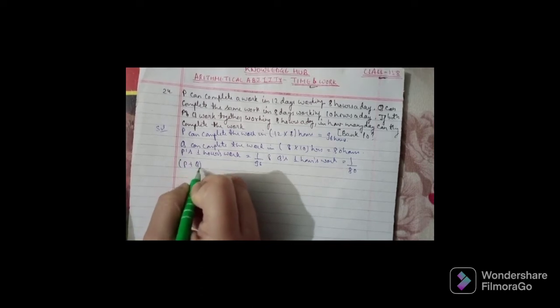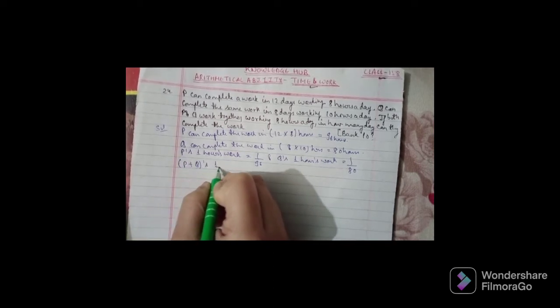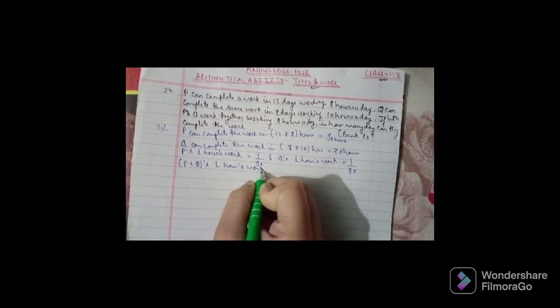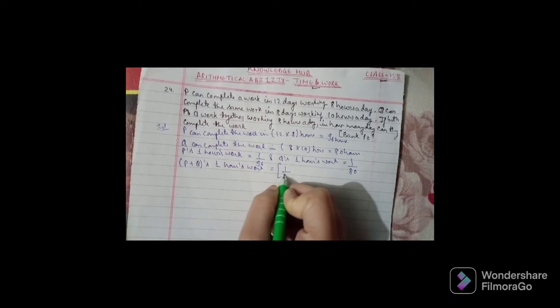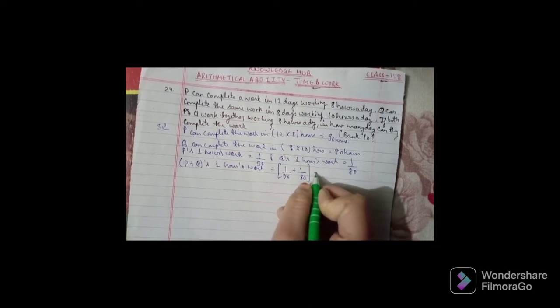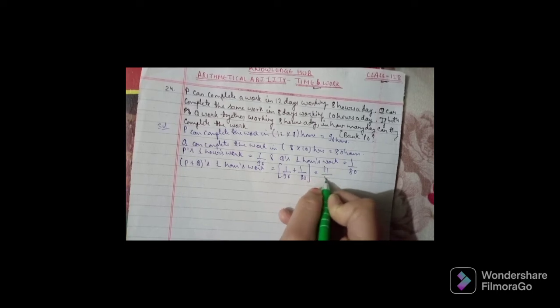P plus Q's 1 hour work equals 1 upon 96 plus 1 upon 80, which will be 11 upon 480.